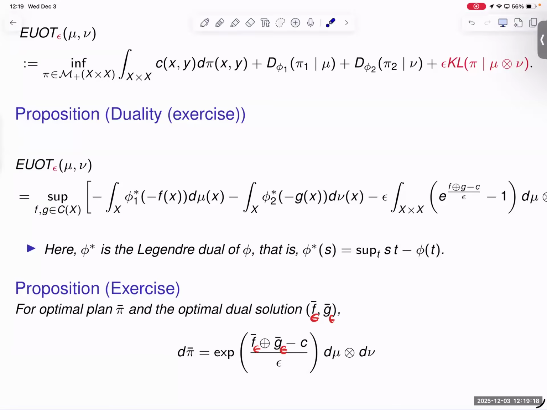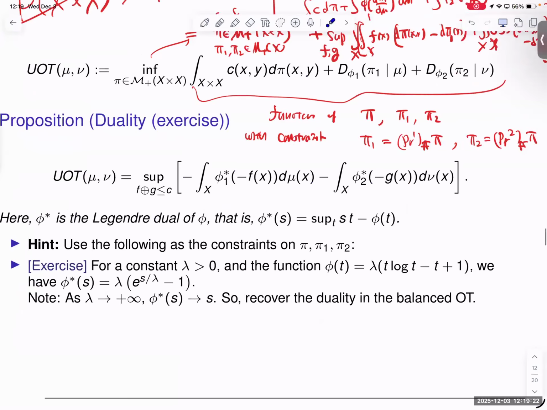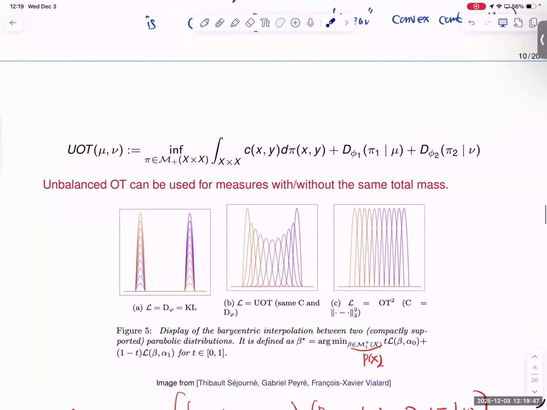But I don't think this is a perfect answer. Out of this optimal solution, there should be some clear way to determine, at least theoretically, some part where the mass is transported and where the mass is not transported, but it can also be like this.